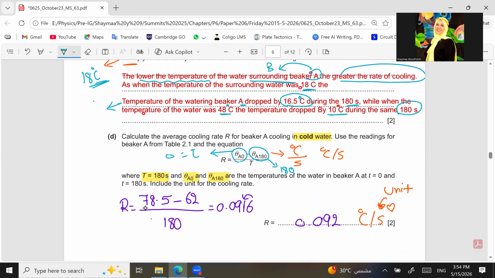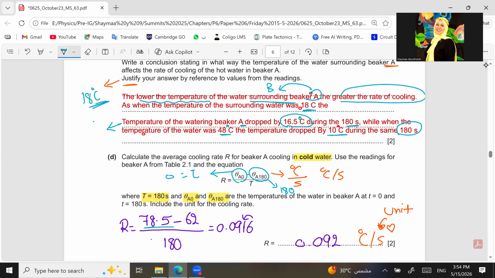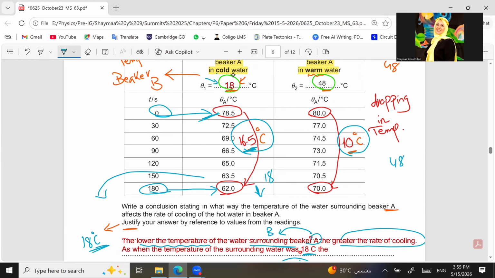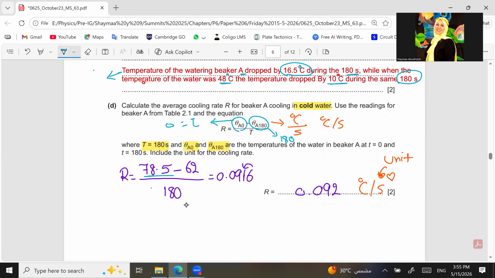So it will be 78.5 minus 62. Let's see above: this is 78.5 when the time is 0. When the time is 180, the temperature was 62.5. Why this one? Because he said in the cold water. Divided by the total time, which is 180, the result will be 0.0916.